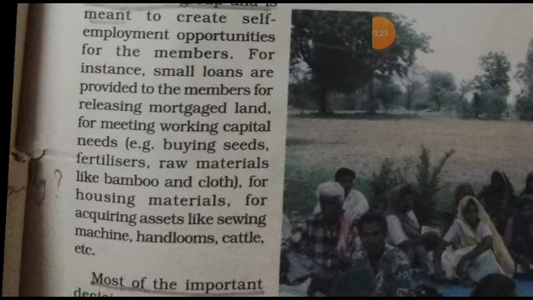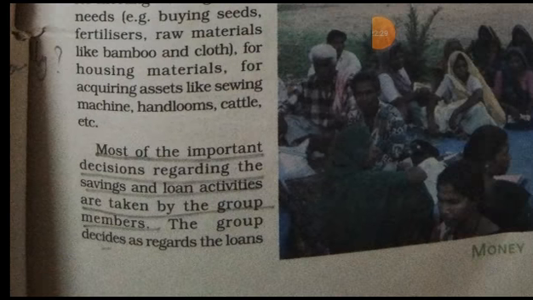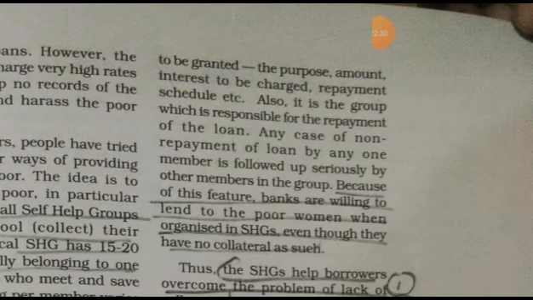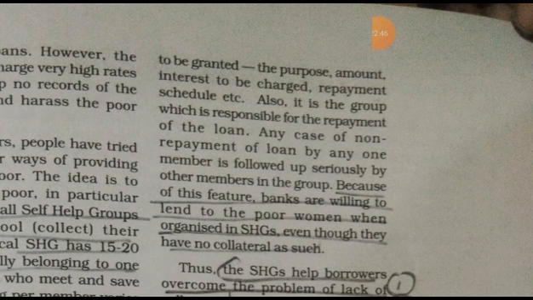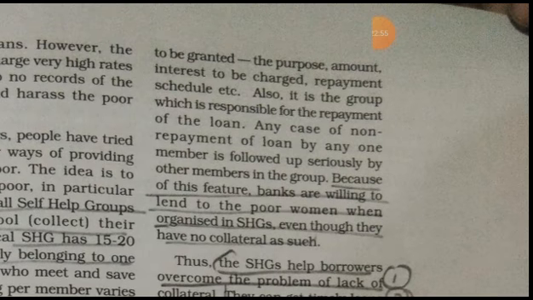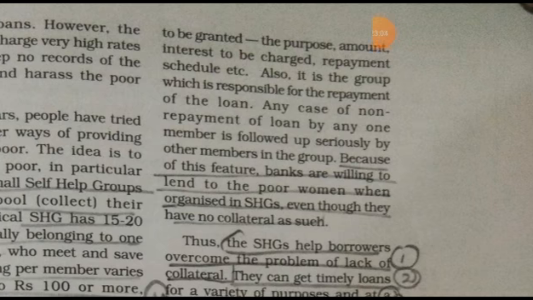The group decides the loan to be granted, the purpose, amount, interest to be charged, repayment schedule, etc. Means all these decisions related to loan conditions, that is purpose, amount, the interest, and the repayment schedule, are decided by the group members. Also it is the group which is responsible for the repayment of the loan.